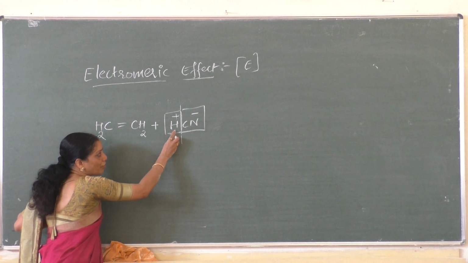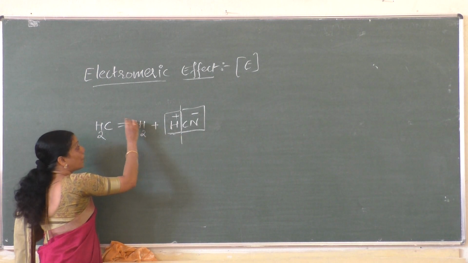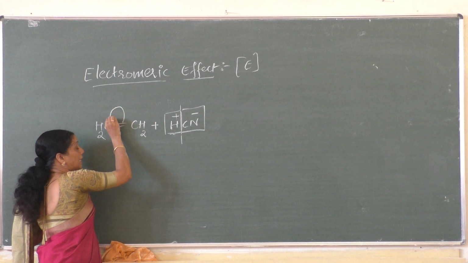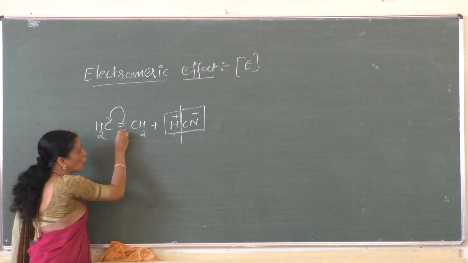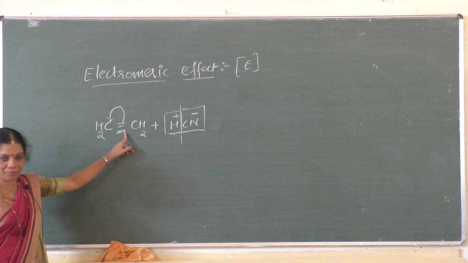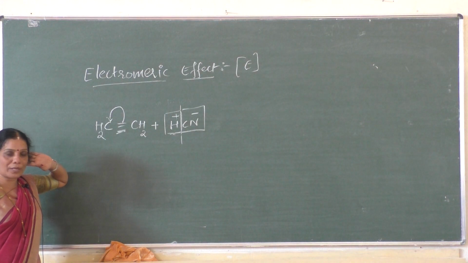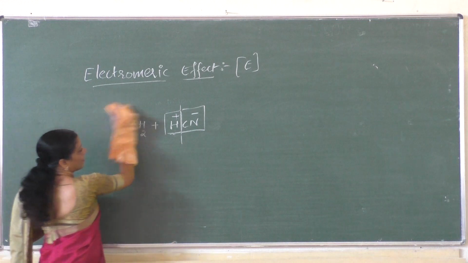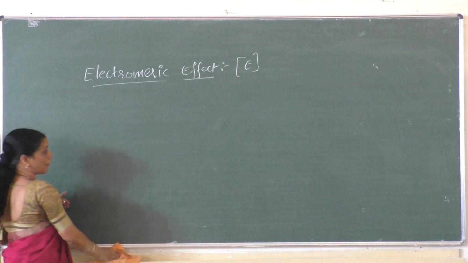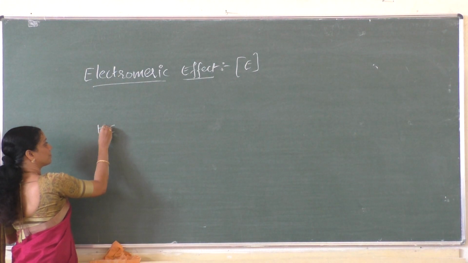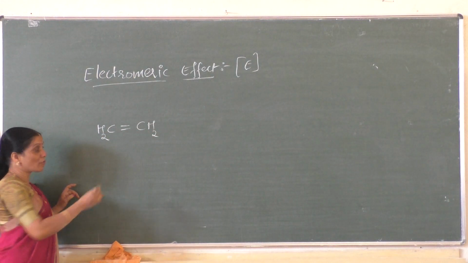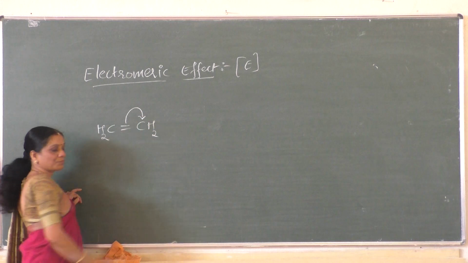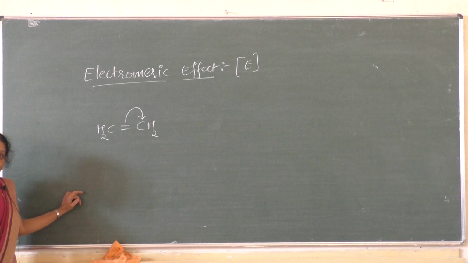Now under the influence of an attacking agent, the pi electron gets completely shifted to any one of the atoms involved in the multiple bond. That is called the electromeric effect. Dear students, listen here. The electromeric effect is a temporary effect which always takes place under the influence of an attacking agent. Which always involves what?